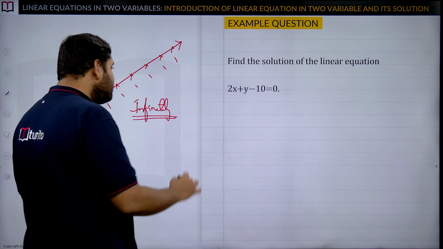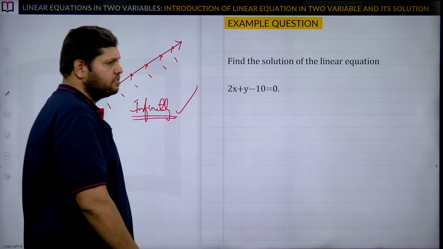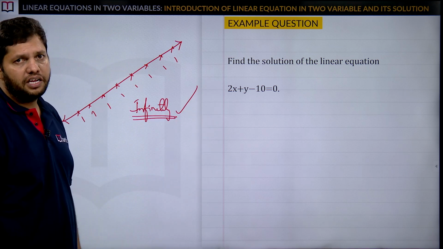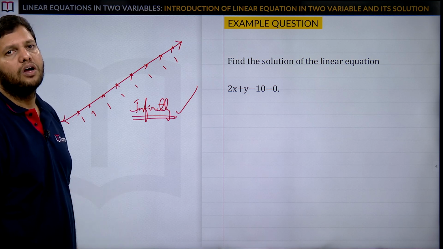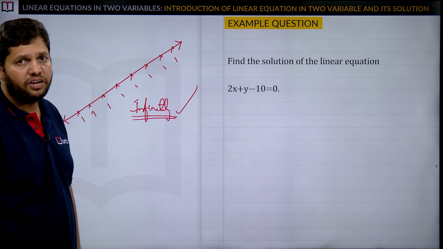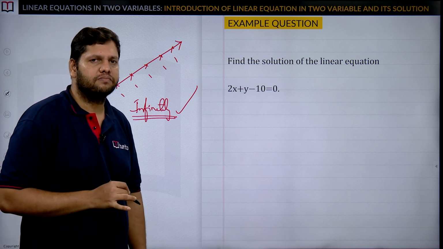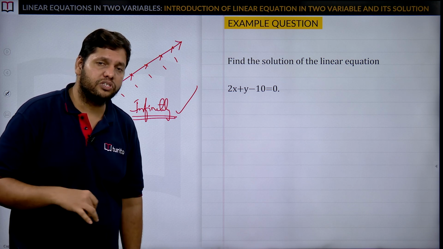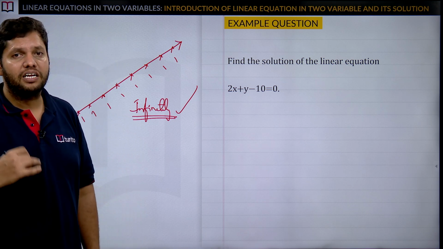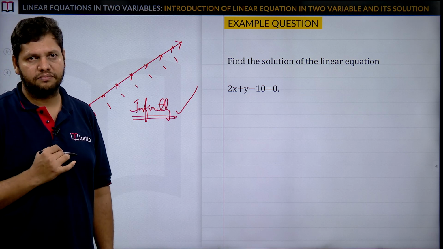So it has infinitely many solutions. A linear equation has infinitely many solutions. You can write as many as you want, children. You can find infinitely many solutions. But a linear equation in one variable has a single solution, whereas a linear equation in two variables has infinitely many solutions.